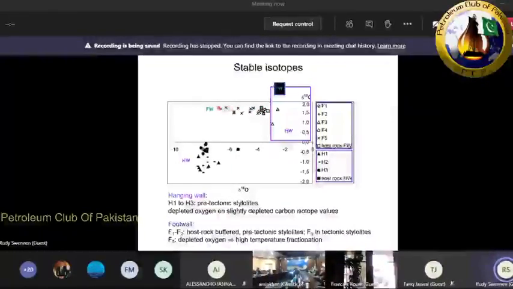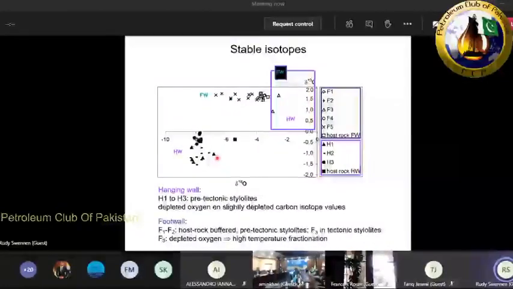The lowering in oxygen isotopes is most likely related to meteoric water or an increase in temperature. If we go for the hanging wall, normally the original marine signature would be this rectangle, but you can see that there are clearly lower carbon and lower oxygen values in the isotopes, indicating that the systems are different.